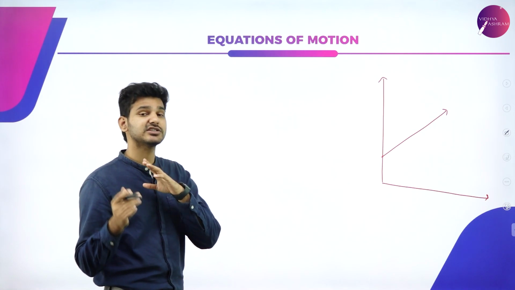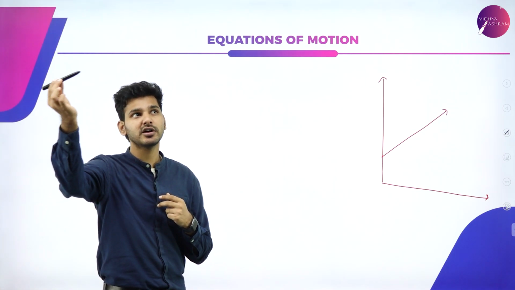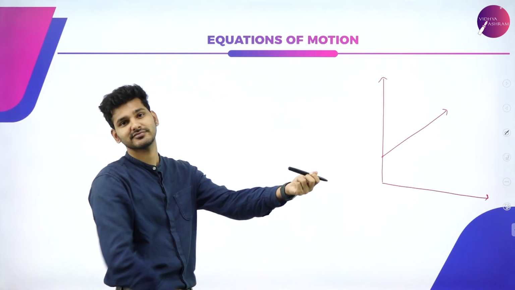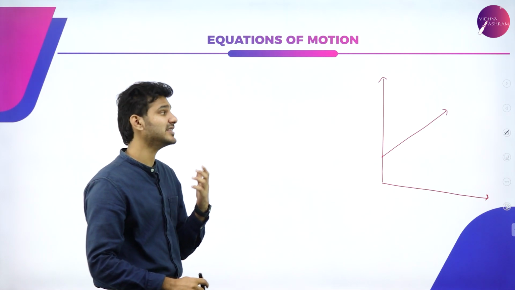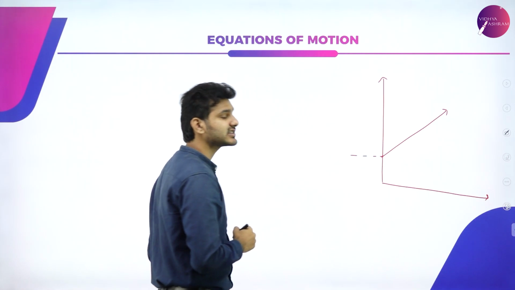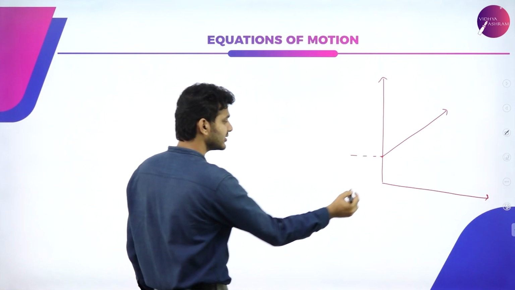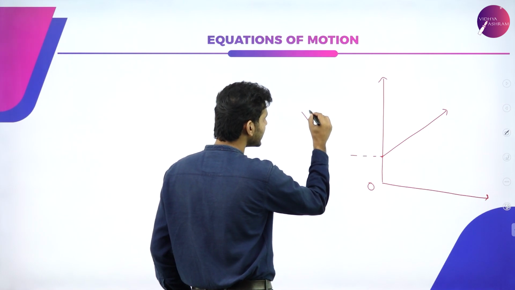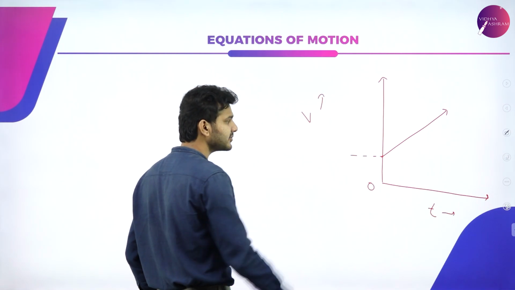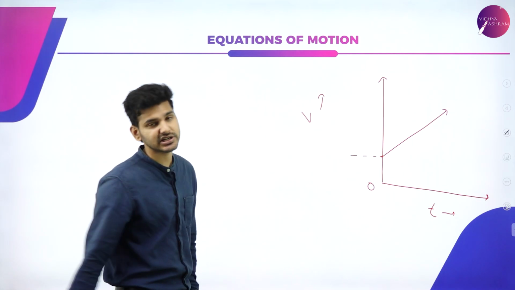I saw some bird flying like this, I got irritated and I started giving it a push and it moved a little bit more, which means initially it was not having the velocity as 0. That is, it did not start from rest. So 0, this is V and this is T. So this is a velocity time graph and it is having a non-zero initial velocity.